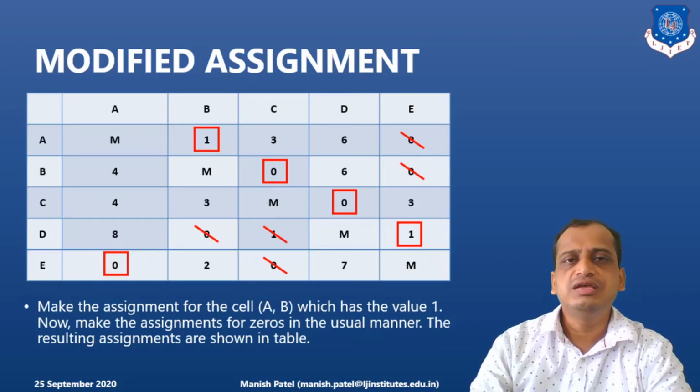The traveling salesman will start at A, go from A to B, from B to C, C to D, D to E, and from E to A. So the path completes here, and he or she is going to visit each city only once. Clear? Hence, we have arrived at this answer.